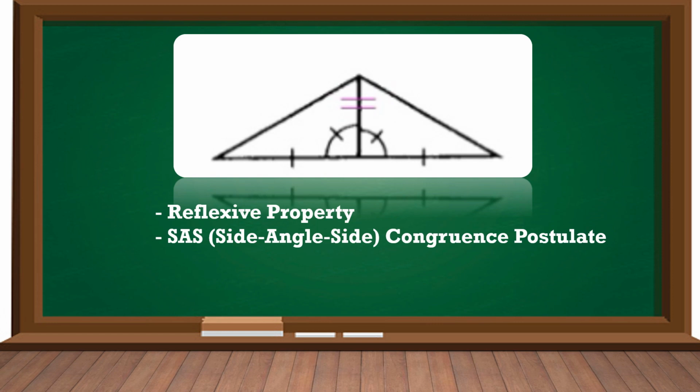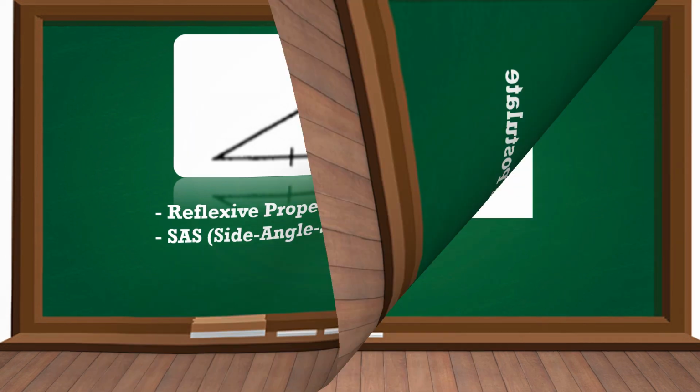We can now say that the answer for item number 1, proving the two triangles are congruent, is the SAS or side angle side congruence postulate.